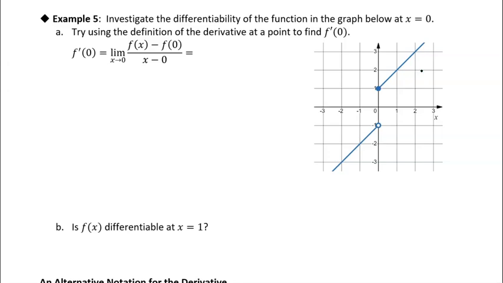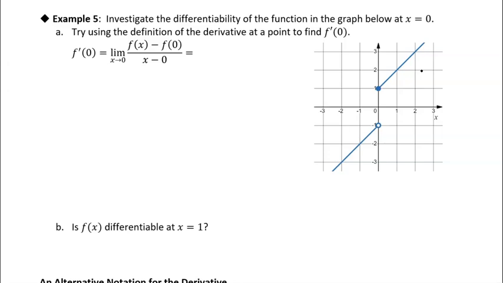There's obviously a discontinuity at 0, which from our previous statement would say that if it's not continuous, then it's not differentiable. But it sure looks like the limit is 1 pretty much everywhere. So let's take a look at this function and investigate the differentiability at 0.